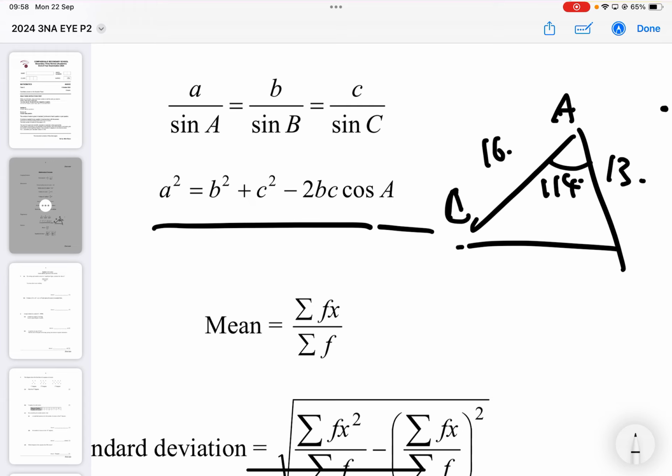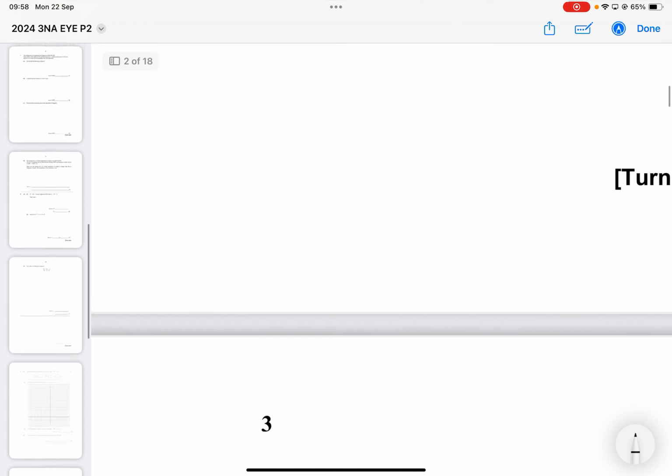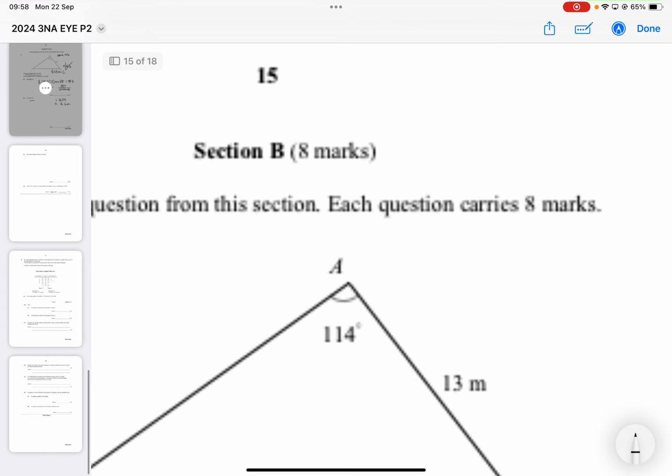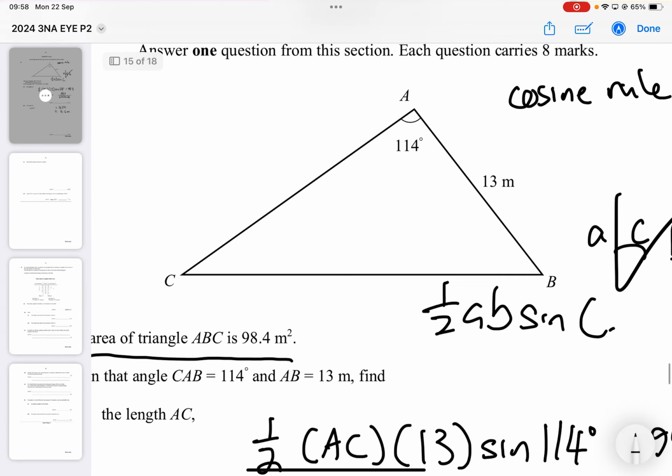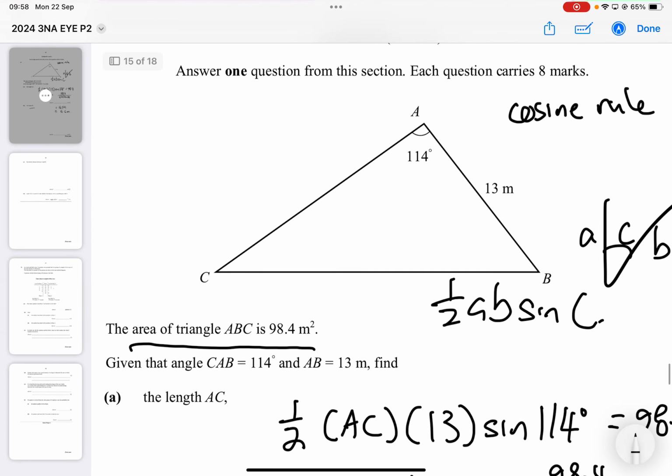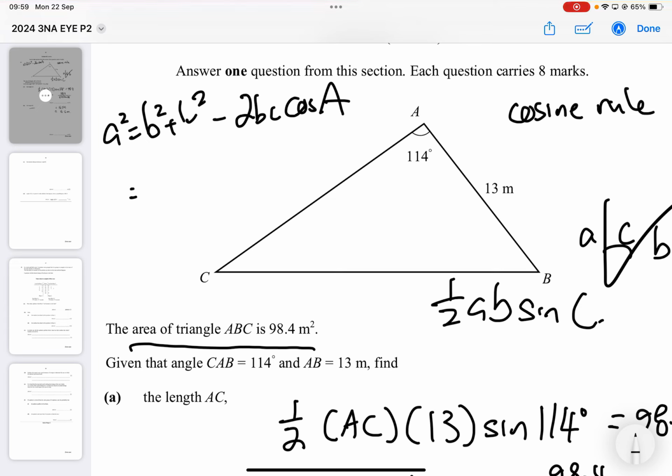Okay? Let us go back to the question. A square equals B square plus C square minus 2BC cosine A. So my A is this angle, so I must put cosine 114. There is only one angle.